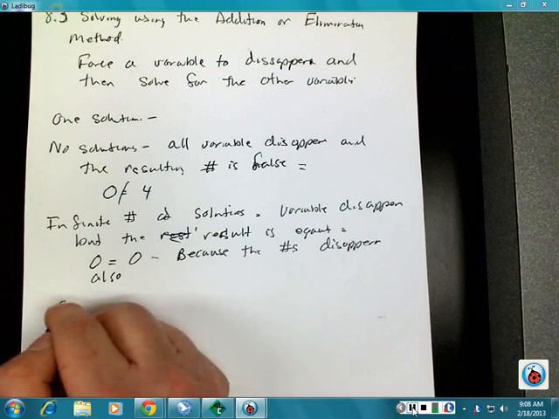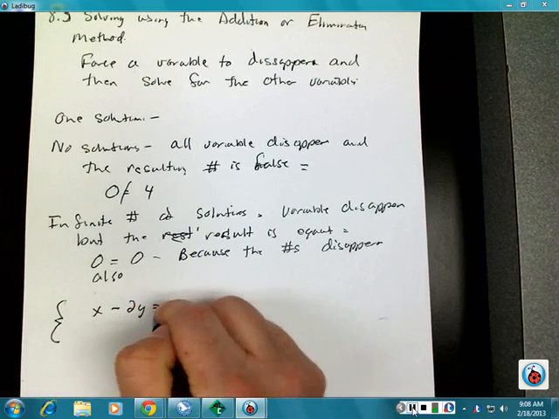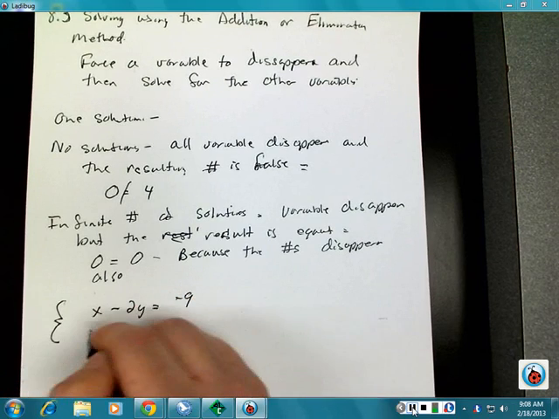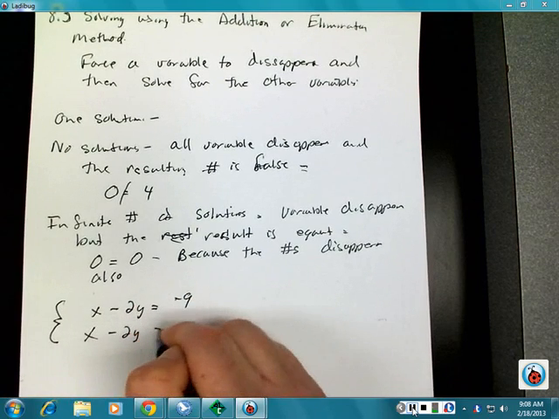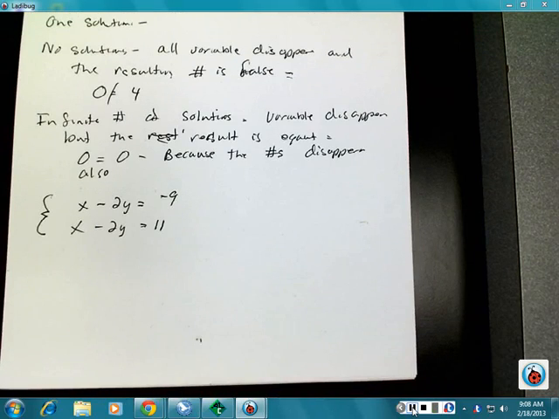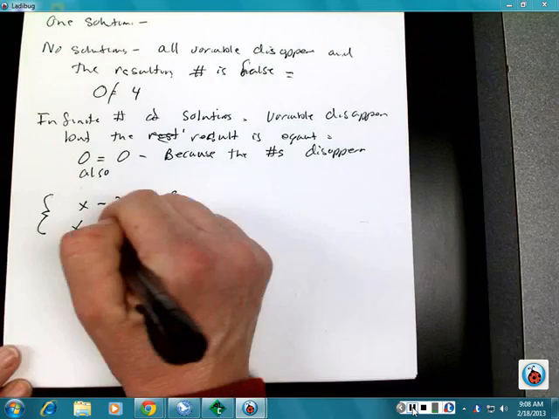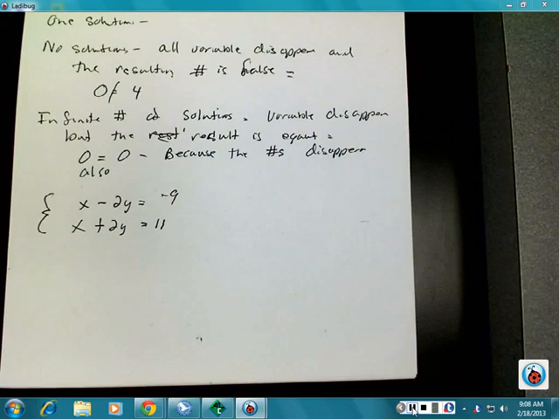Some of the systems you'll be given will be set up just perfect, and when you look at them, you've got a letter that disappears. So if I look at these two, I've got x minus 2y equals negative 9, and x plus 2y equals 11.